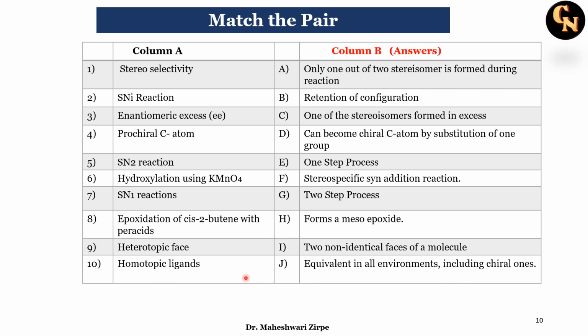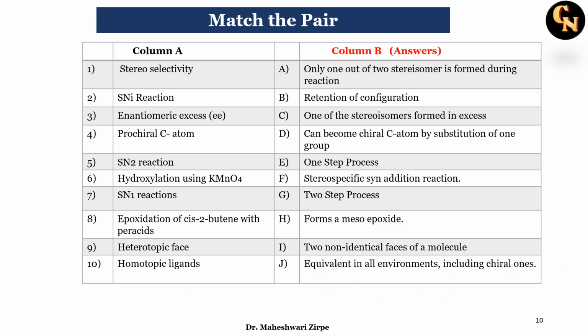So that's all for today. We have seen stereochemistry based on a few topics like enantiotopic ligands, diastereotopic ligands, prochiral centers, what is topicity, what are heterotopic and homotopic, and a few reactions we saw. Whatever objective types of questions we have seen today, its question answer video is also uploaded.